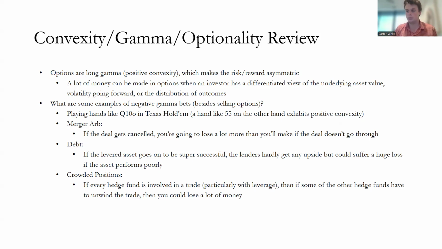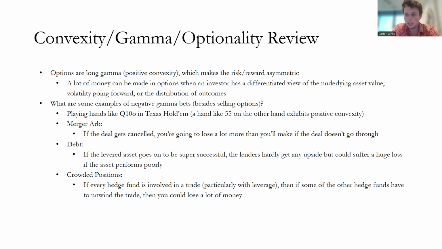Options typically assume a normal distribution, Black-Scholes, but sometimes events don't have a normal distribution. For instance, merger arbitrage. If the distribution of outcomes that's being priced into the option is normal, but the actual distribution is bimodal or something else, you can make money based off of that mispricing.